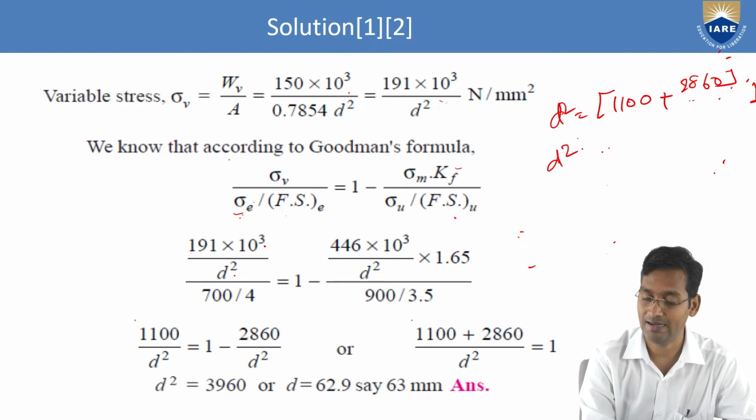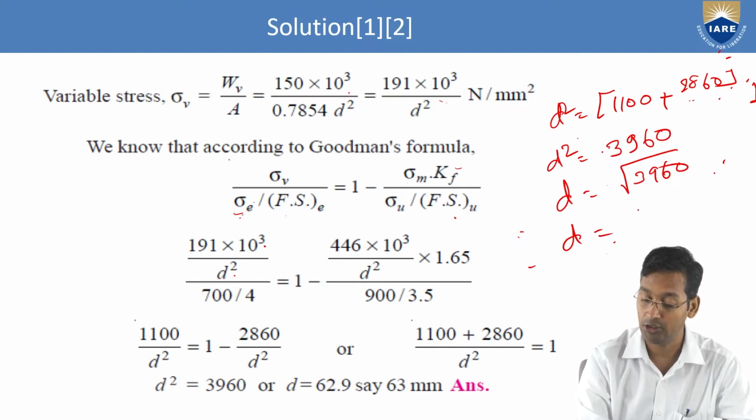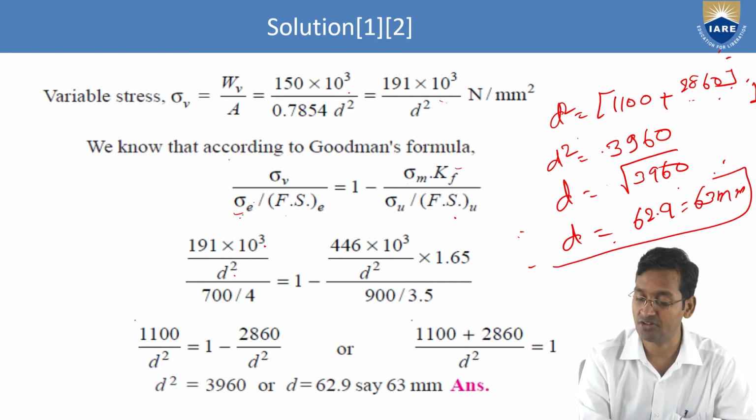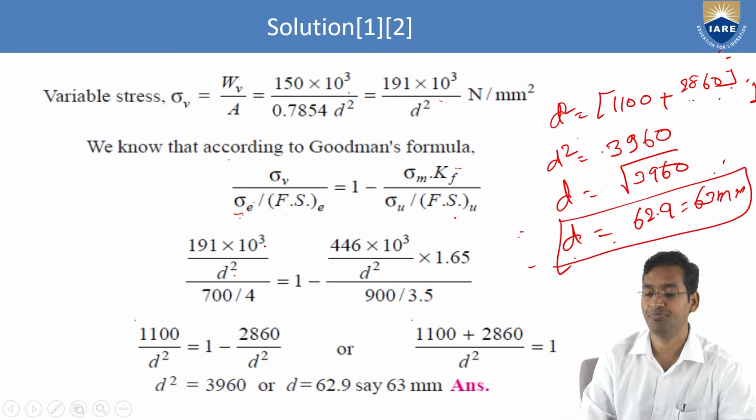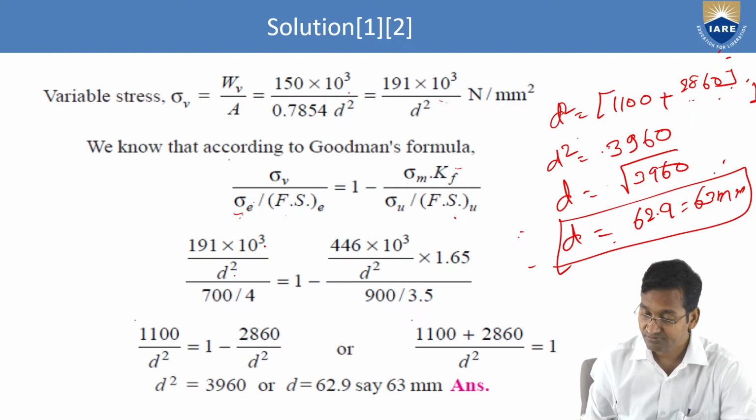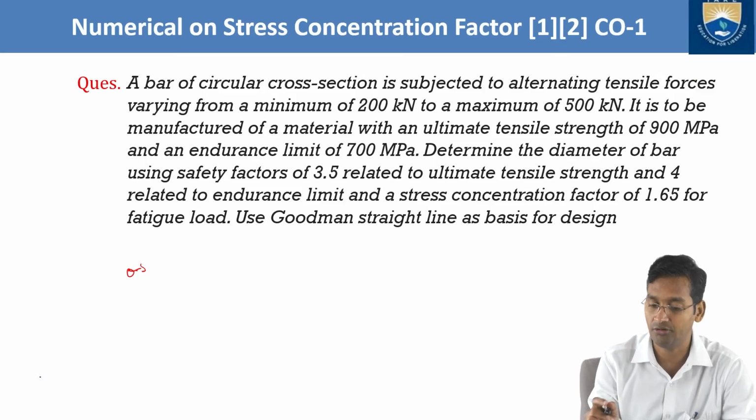So after adding, you will get 3960. So D will be the square root of 3960, around 62.9, that is almost 63 mm. So the diameter of the shaft will be 62.9 or 63 mm.